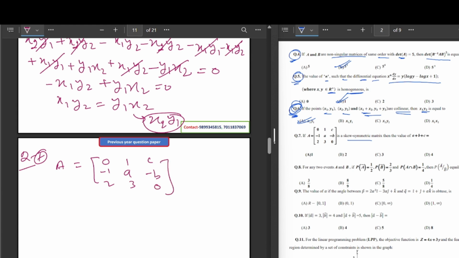We all know for a skew symmetric matrix, A transpose is equal to negative A. So we can first of all find A transpose, and after that negative A.